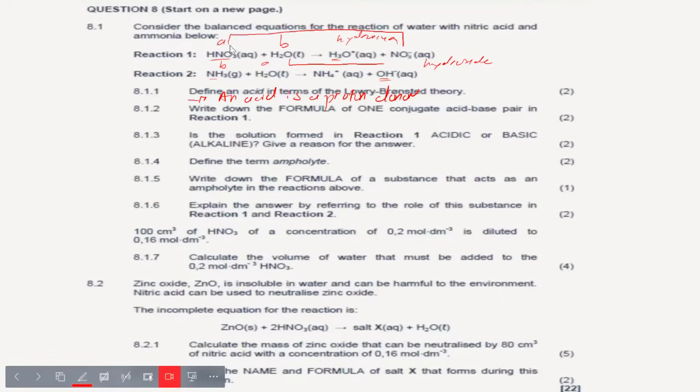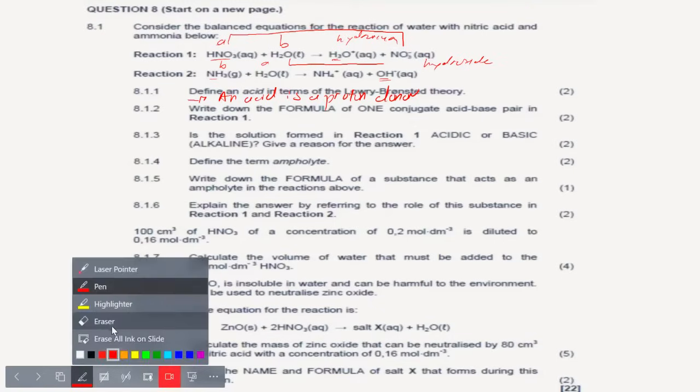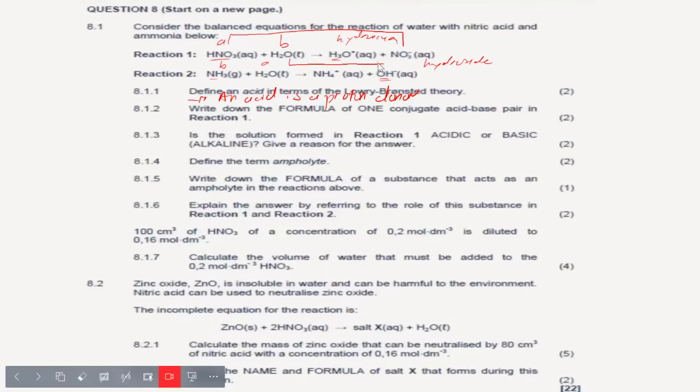Remember HNO3, when it gives away the hydrogen, is now left as NO3 minus. And then this base here will go to its conjugate acid here, right? So it's just close by.